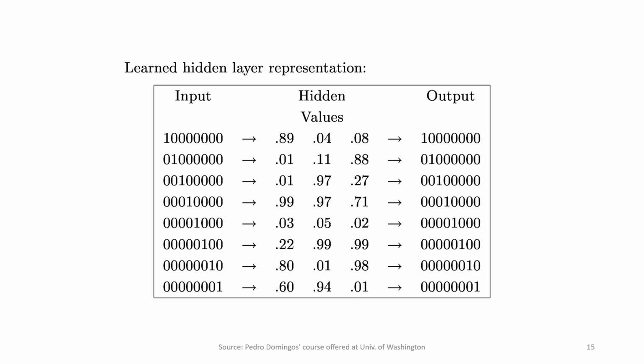You can verify that these represent 8 different encodings of the 8 different inputs. This means the network has learned to represent these numbers in binary, and the output layer takes this binary representation and decodes it. So we are able to encode the input into binary, and then decode it.